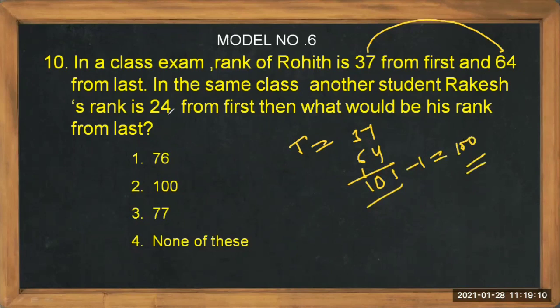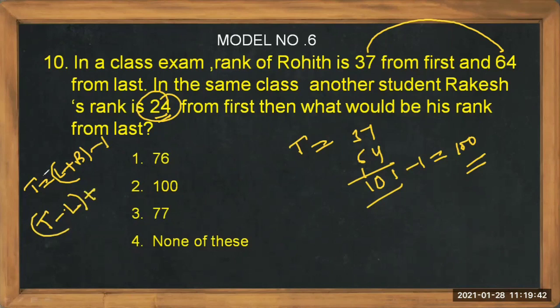Then by using the total and Rakesh's rank from the first, we can find Rakesh's rank from the last. As you know, T is equal to L plus R minus 1. From the total 100, we subtract the rank from the left, 24, and minus 1.